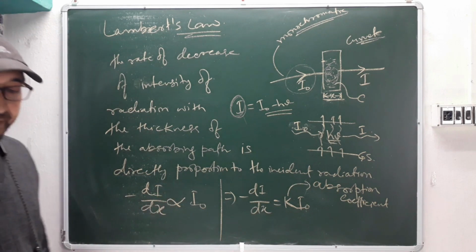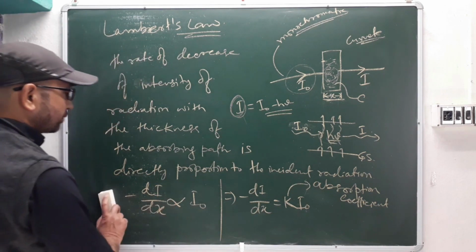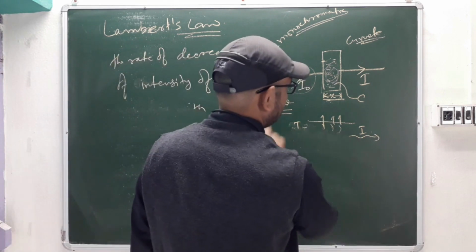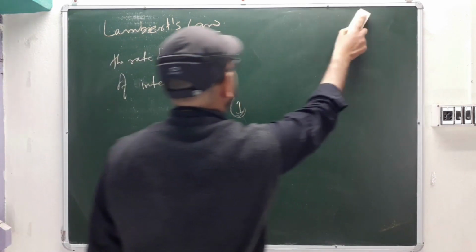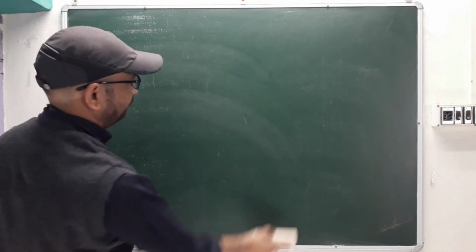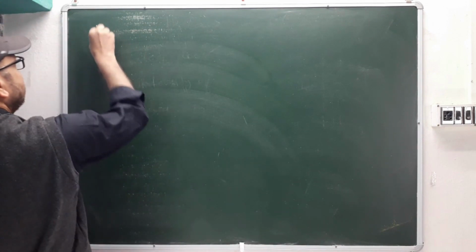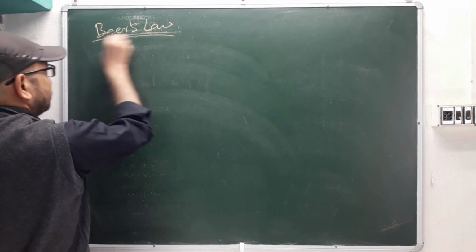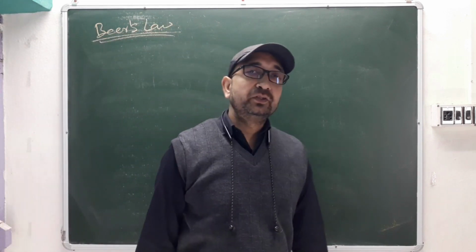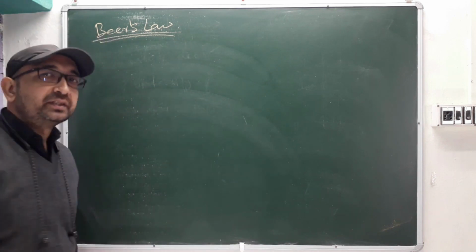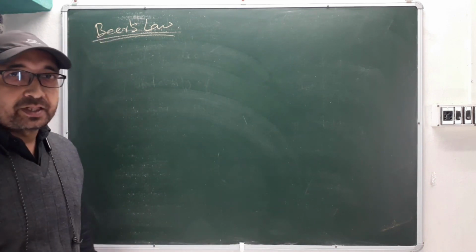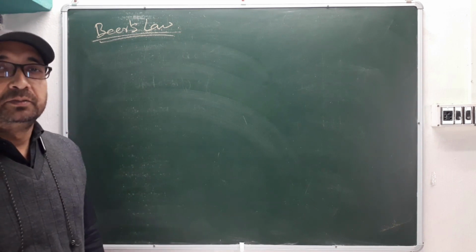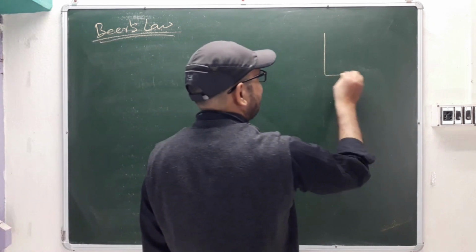This is Lambert's law. Let's see Beer's law, and then we will write the final equation and solve some problems. So what Beer's law says: whatever Lambert's law was there, just add to it. It depends on the path length and intensity, as well as the concentration of the sample we have kept.